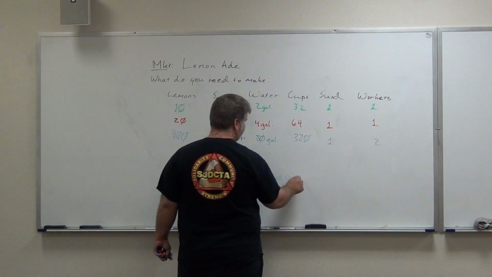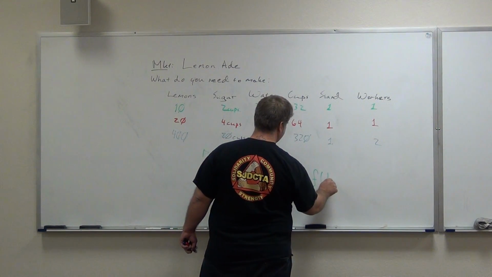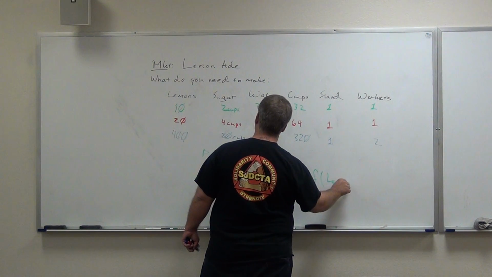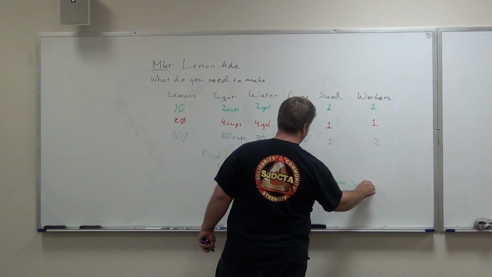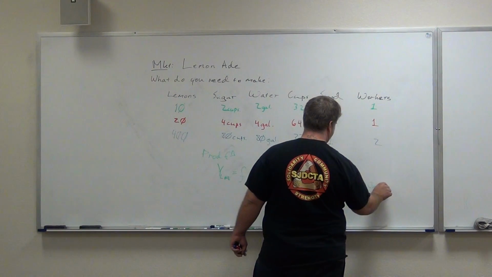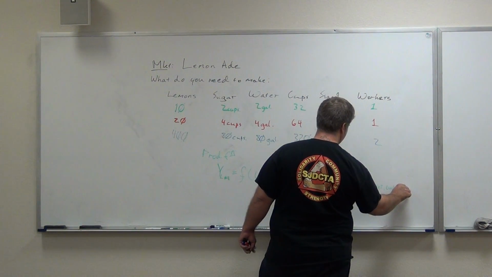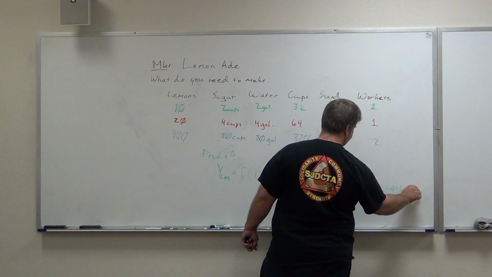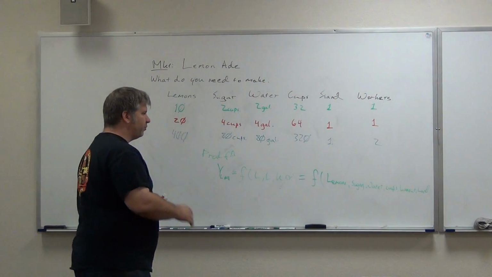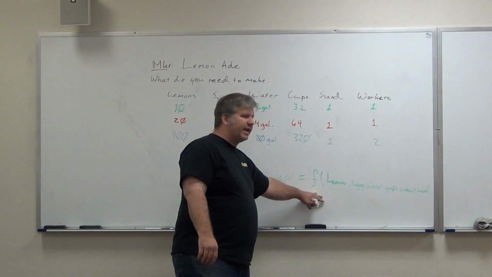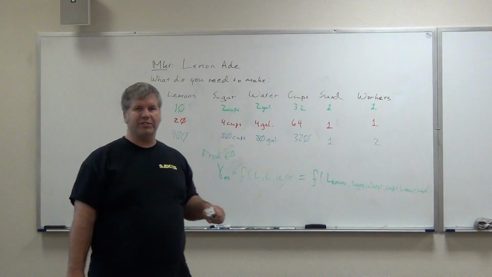In this case, our production function would be that there's some function with lemons, sugar, water, and cups, and workers, and space, which is our land. I'm not going to do it here, but imagine if we put all of this data in. Do you think we could come up with some mathematical relationship where we could say, this is the equation?